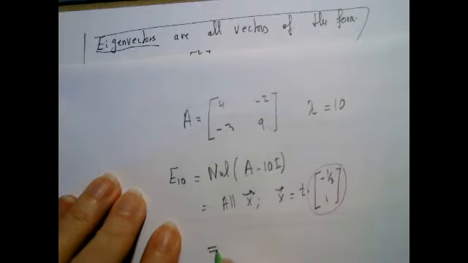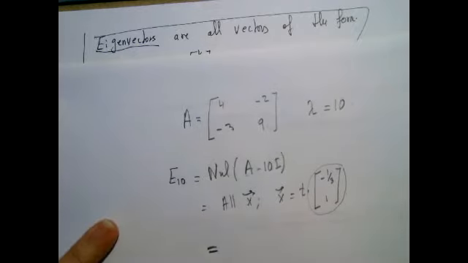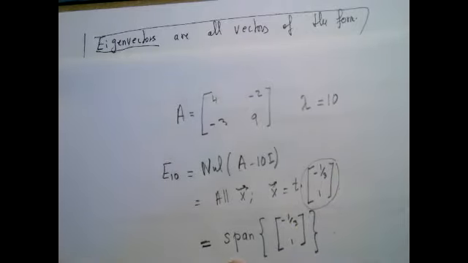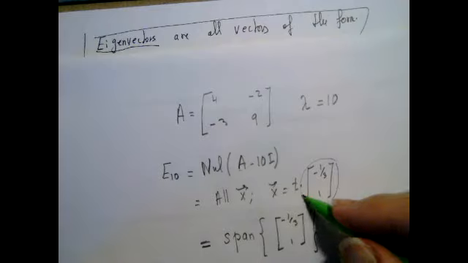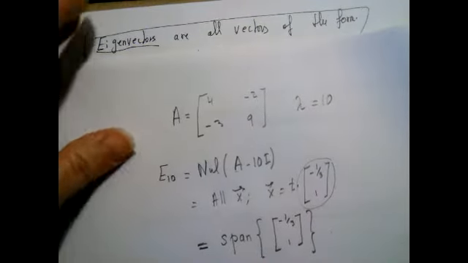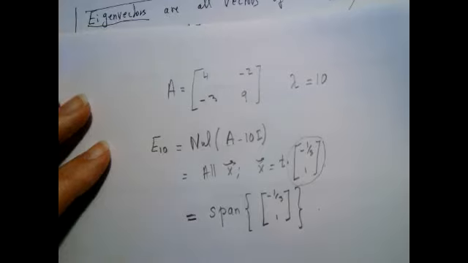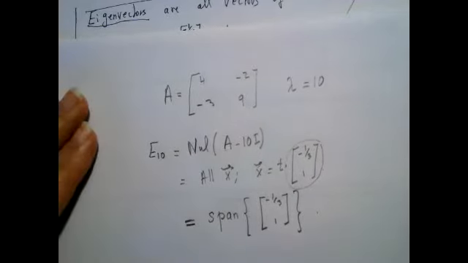But mathematically, linear algebra gave those a name. We call this the span of the vector minus a third, 1. So that's really what E10 is, nothing more than the span, because every possible scalar multiple of this vector. Now, what's the basis? When we talked about the null space, we introduced the idea of a basis.